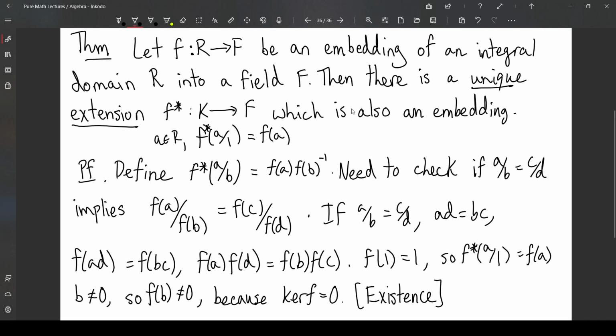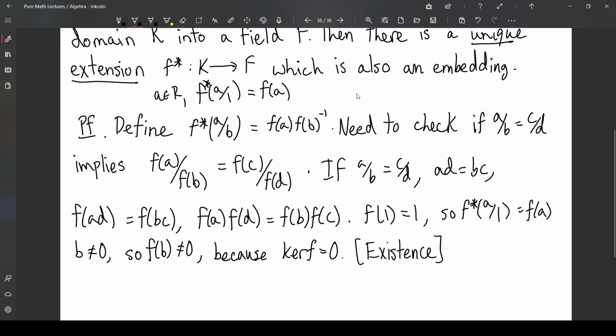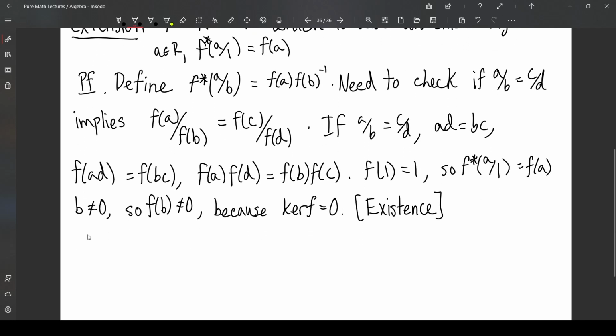I should also show that this is an embedding. So f star of A over B equals 0. So this is f of A, f of B inverse. If this equals 0, then f of B inverse can't be 0, so f of A equals 0.